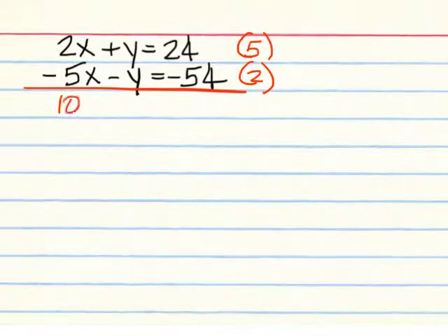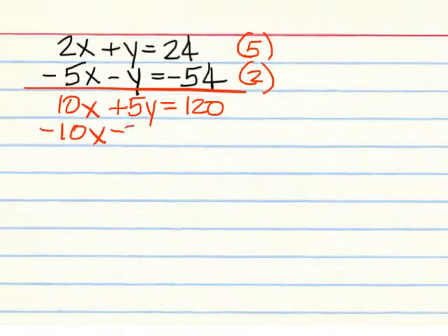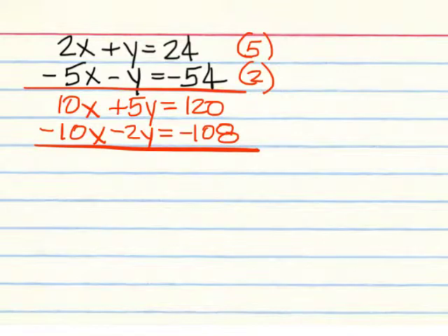On the top you should have 10x plus 5y equals 120, and on the bottom -10x minus 2y equals -108. Now we have opposite signs here. That means you add.